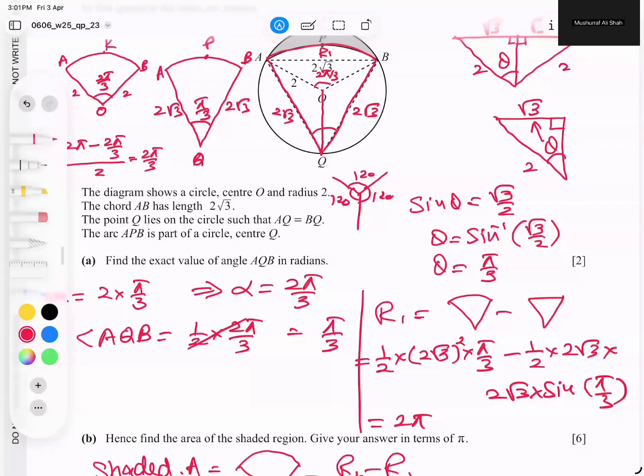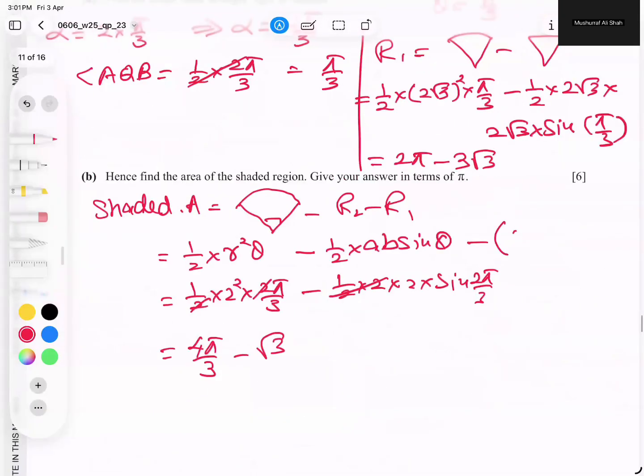The other part is half into 2 root 3 times 2 root 3 times sine pi by 3. And if I check in the calculator, I'm getting 3 root 3. So I think this is very clear, students, which I'm going to put here: 2 pi minus 3 root 3. So I'm putting negative 2 pi plus 3 root 3.